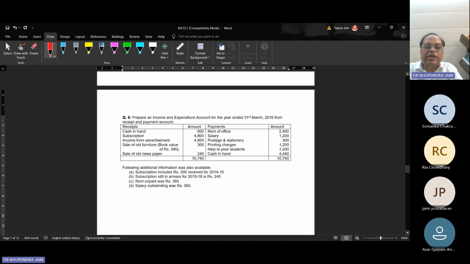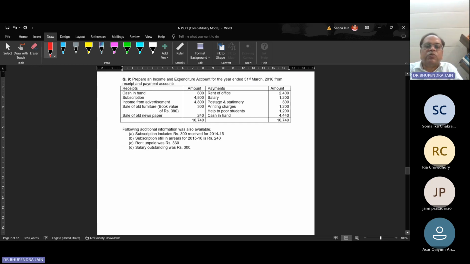Number first, the following additional information was also available. Subscription includes 300 rupees received for the year 2014-15. Beta, this is last year's subscription, so what will we do? We will minus it. And subscription is still in arrears, 240. Okay. Next, rent unpaid 360 and salary outstanding 200. Okay, let us do this question.